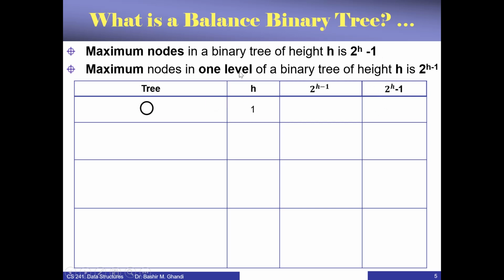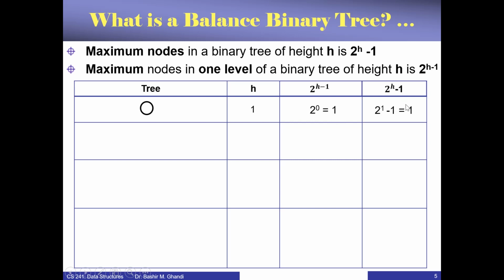Similarly, the maximum number of nodes in 1 level is given by the second formula. So 2 to the power 1 minus 1. Now 1 minus 1 is 0, and 2 to the power 0 is also 1. So you can see in both cases the formula is true for height 1. There is only 1 node in total, and also 1 node in the last level. There is only 1 level, so the formula is true either way.